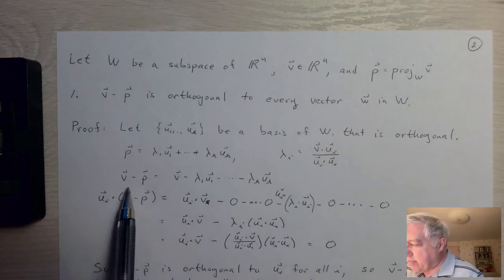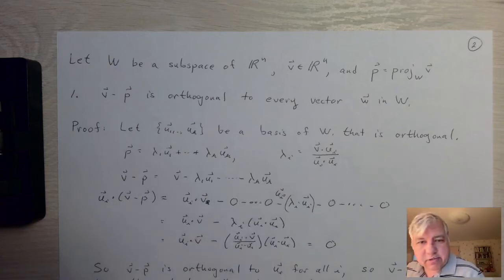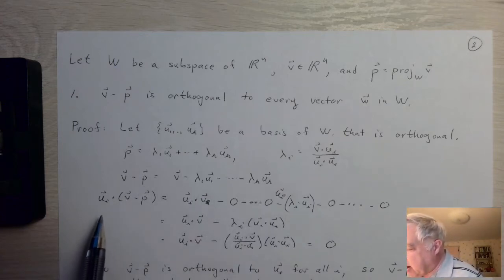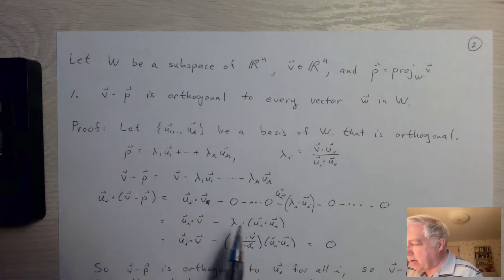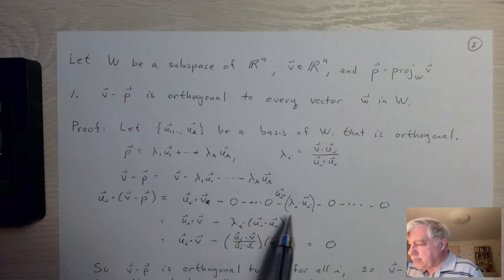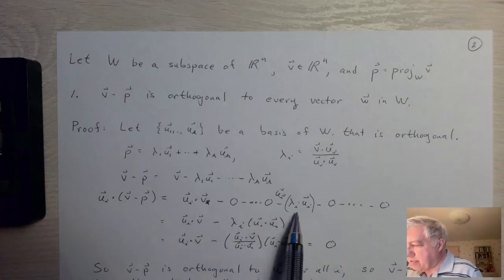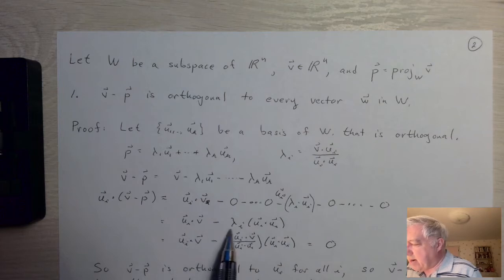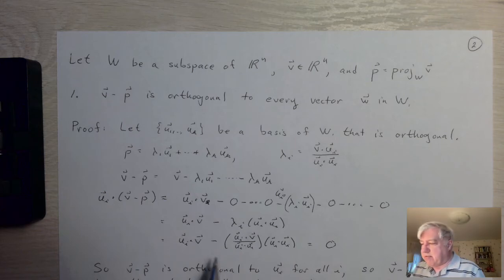And if we take V minus P, this looks like this. If we take the dot product of this with Ui, because the Ui are orthogonal, all these terms cancel out except the ith term: Ui dot V minus lambda i times Ui dot Ui. We saw this before, things cancel out and we get 0.